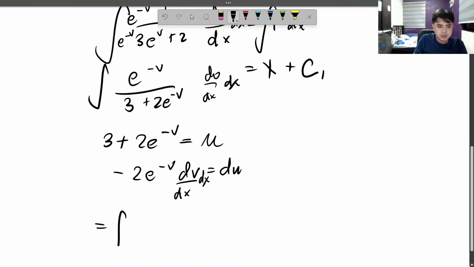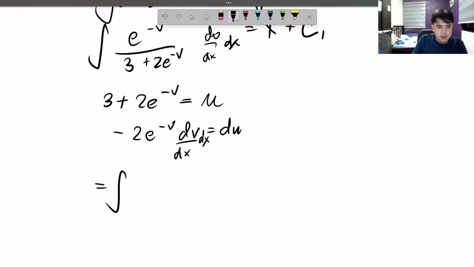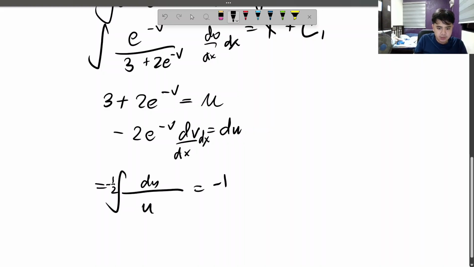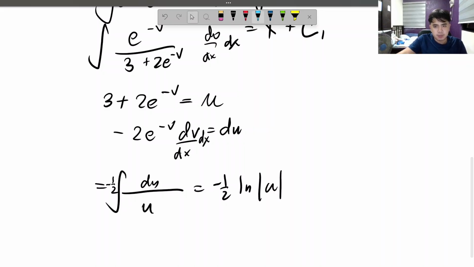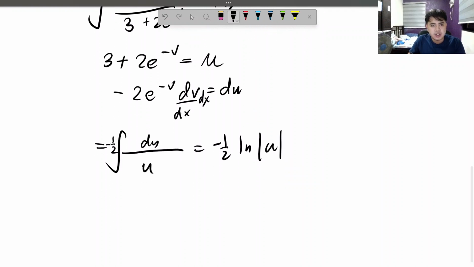So we're going to be doing this: e to the negative v dv over dx. It means that we have to multiply by negative 1/2, so we do that outside. And then we get the integral of du over u, which is negative 1/2 ln of u. All right. We can ignore plus c because we have plus c here.